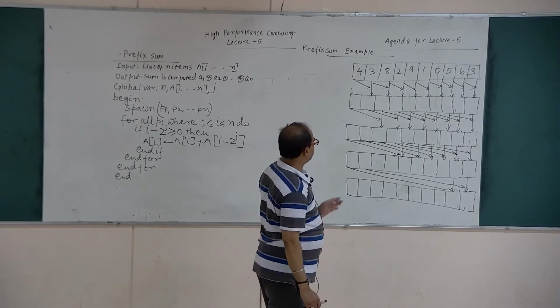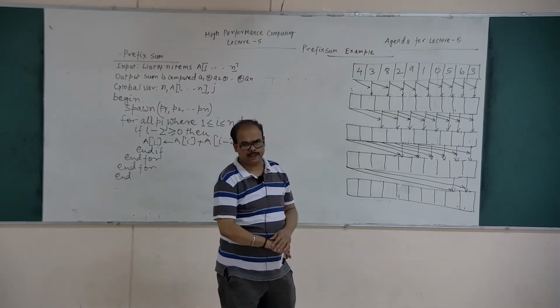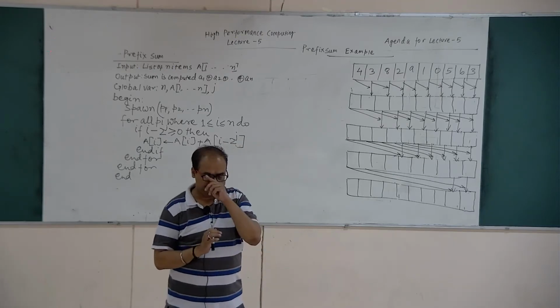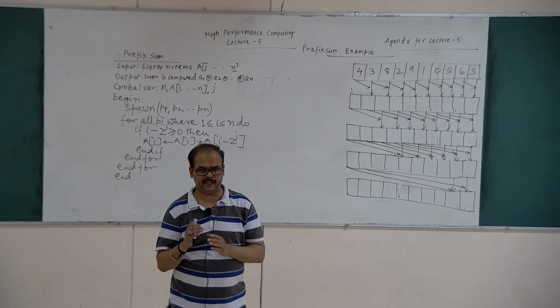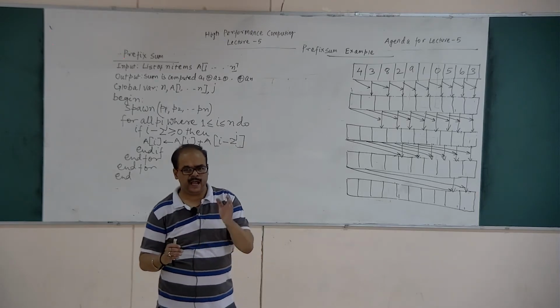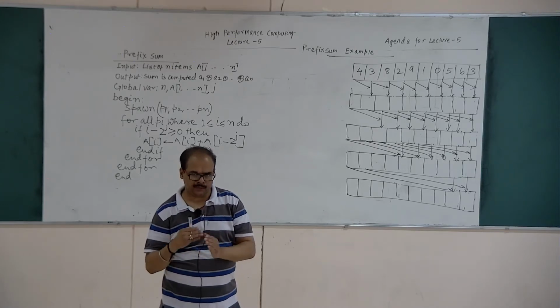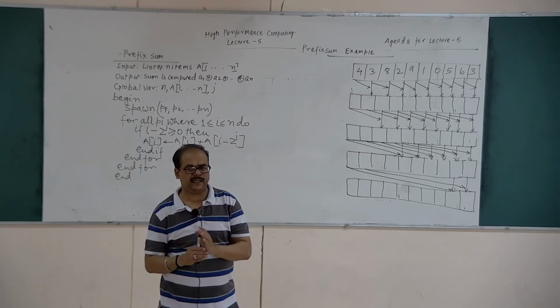You can see there are 10 numbers: 4, 3, 8, 2, 9, 1, 0, 5, 6, 3, and the objective is to compute the sum such that A1 is added with A2, and A2 is added with A3, and A3 is added with A4 and so on and so forth, and finally the sum is stored at location AN. So the objective is to compute the sum, and finally the sum of n numbers will be stored at AN.